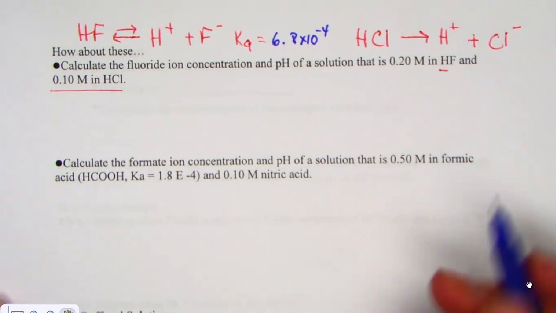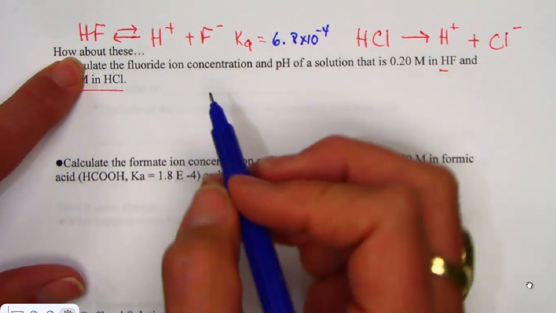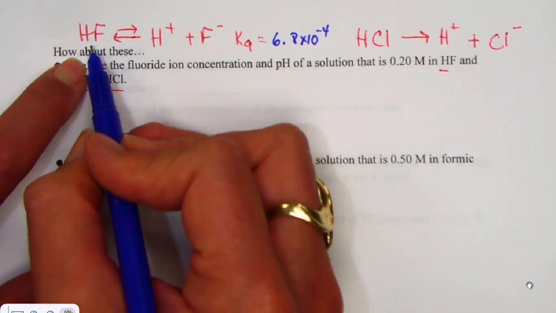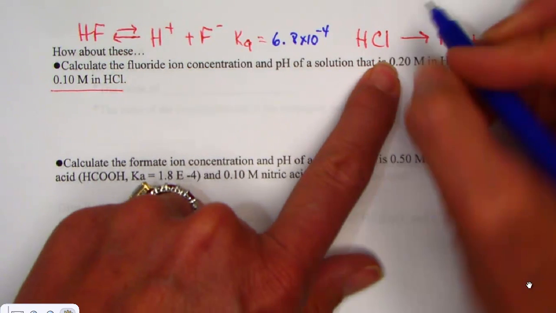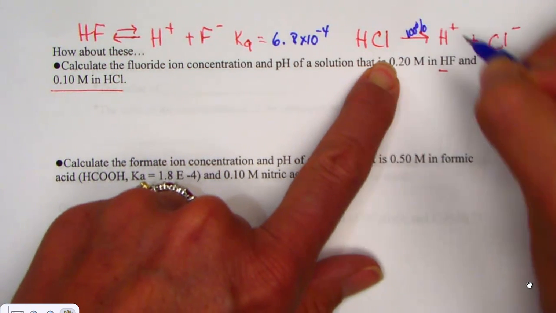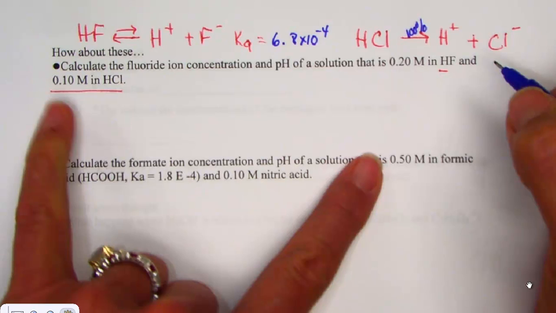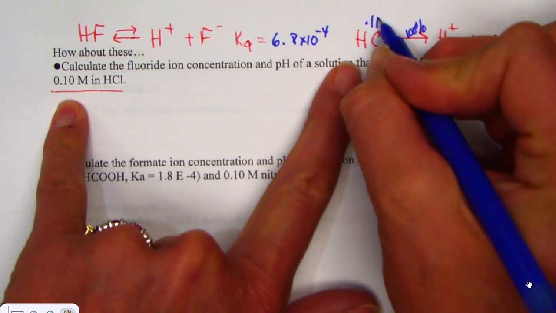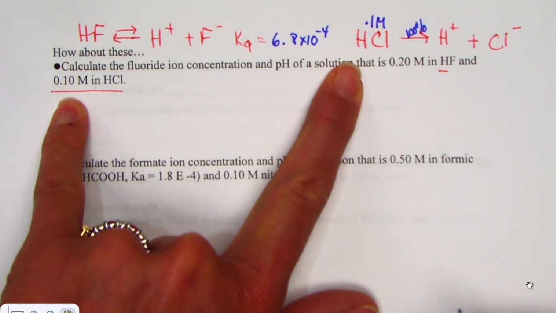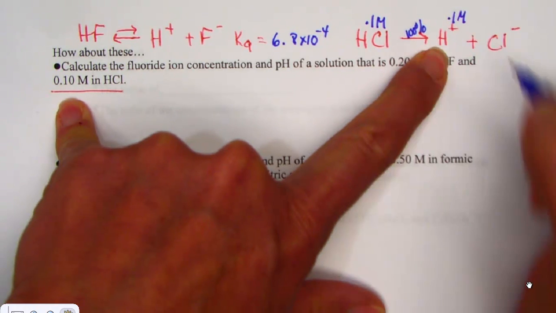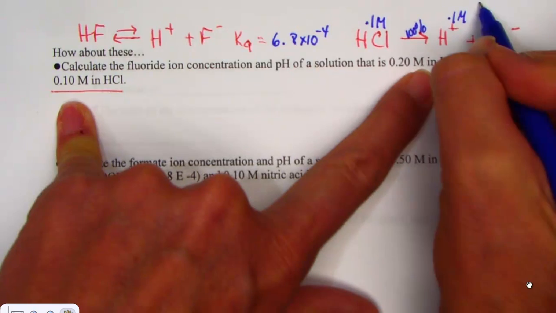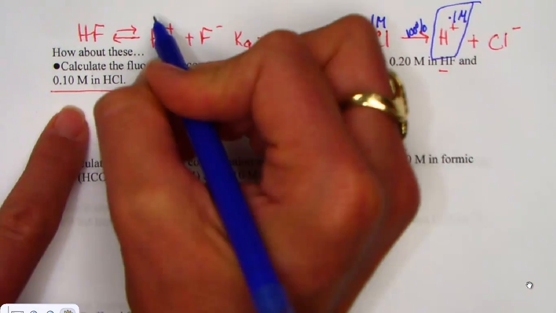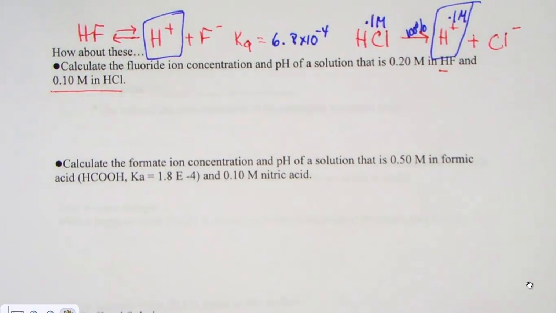Alrighty. So here's the story. This guy, HF, sets up an equilibrium in the same container as a strong acid that 100% dissociates. If I place in 0.1 molar HCl, I literally have 0.1 molar of the hydrogen ion and that of chloride. But of course, this is the ion that's in common with the weak acid.